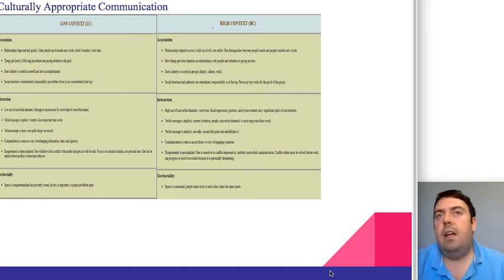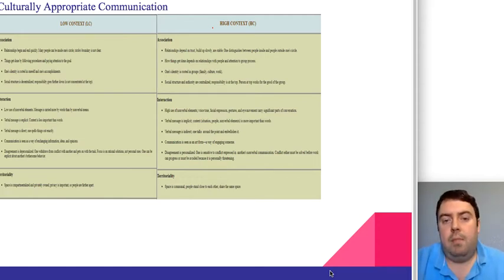On the other hand, high context cultures like African, Asian, Latin American, Southern European cultures often use a lot of nonverbal communication. So they use their hands to give gestures. They have a lot of facial expression. They change the tone of their voice.